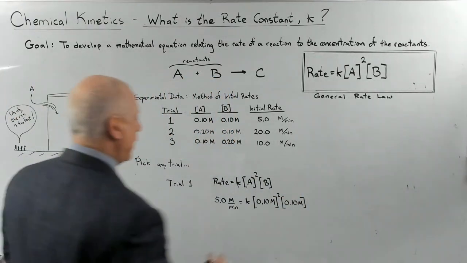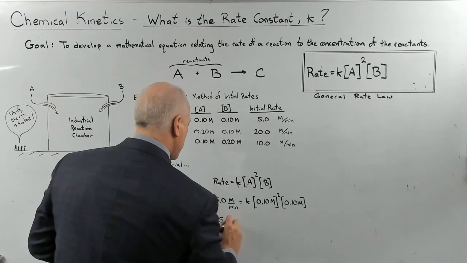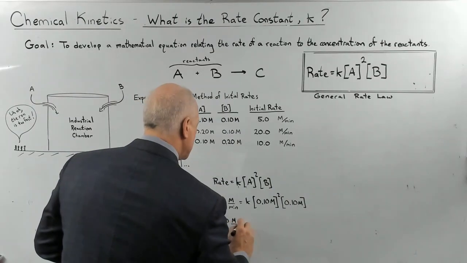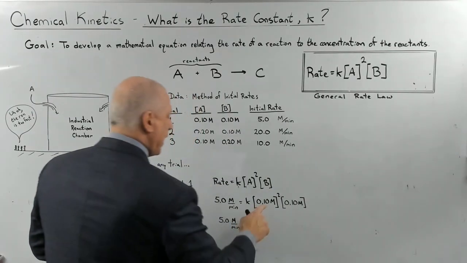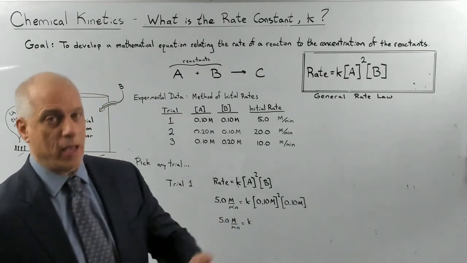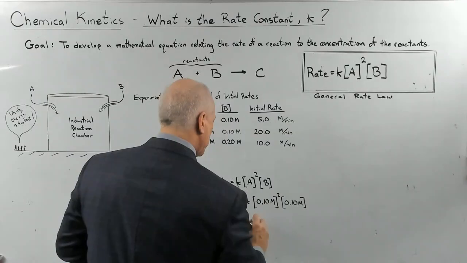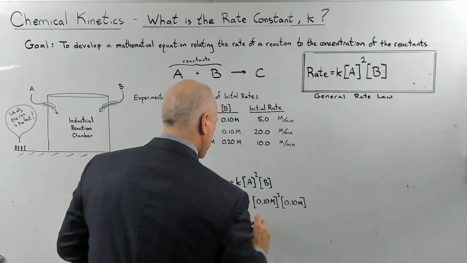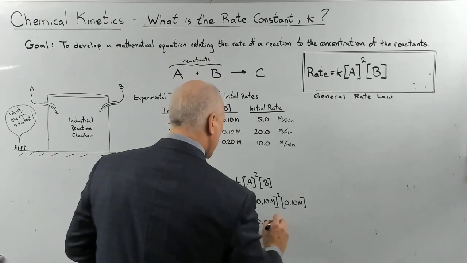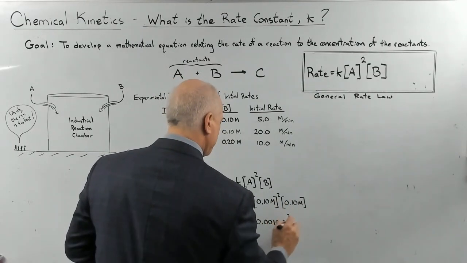Let's go ahead and do a couple of steps here. 5.0 molarity per minute is equal to K times 0.1 times 0.1 times 0.1. That's 1 times 10 to the -3, the decimal value of which would be 0.0010, and the units would be molarity cubed.